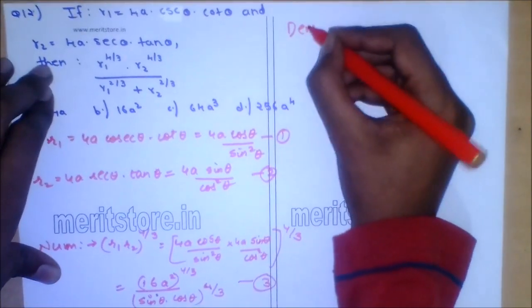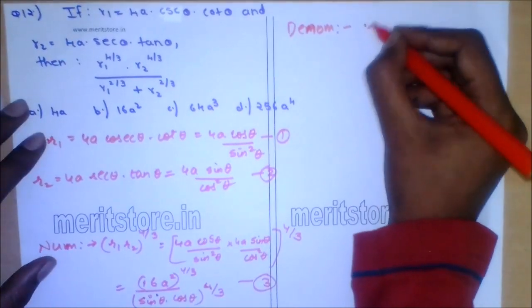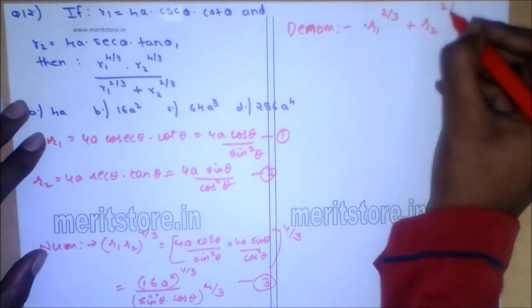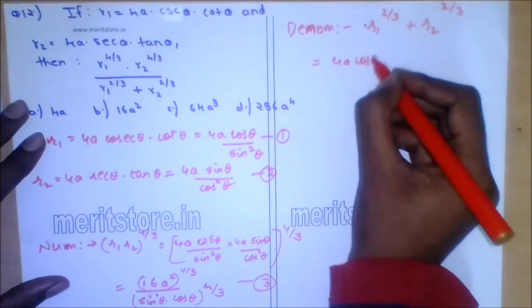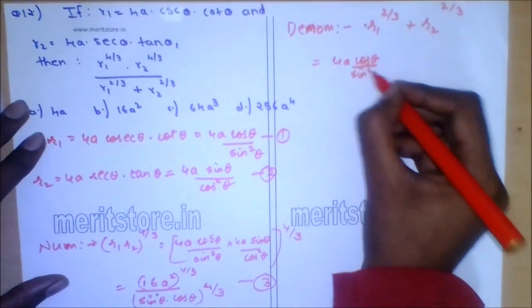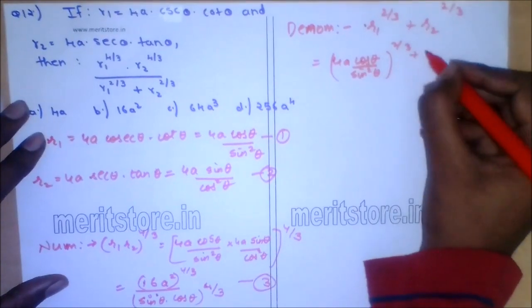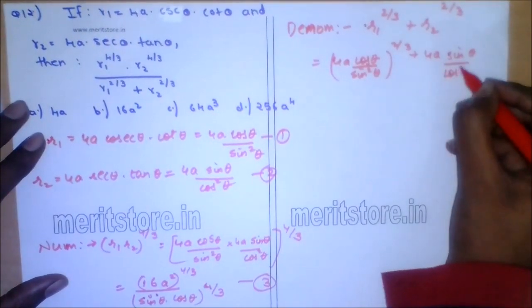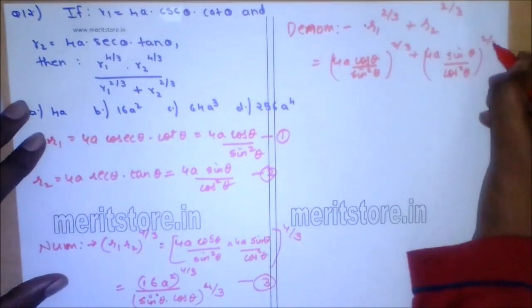And we solve the denominator too. So this is R1 raised to 2 by 3 plus R2 raised to 2 by 3. So we have (4a cos theta by sin square theta) raised to 2 by 3 plus (4a sin theta upon cos square theta) raised to 2 by 3.